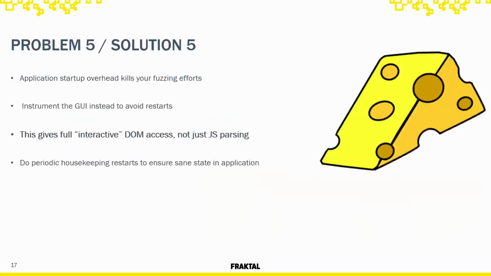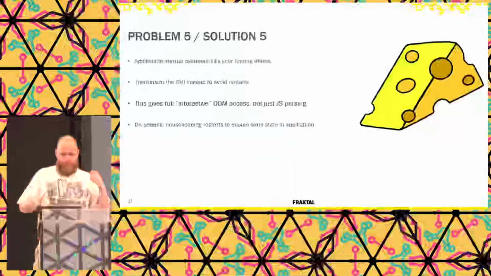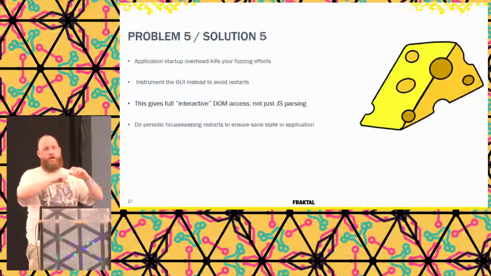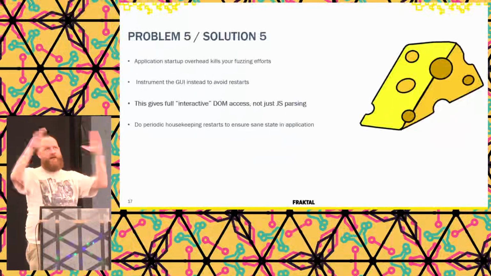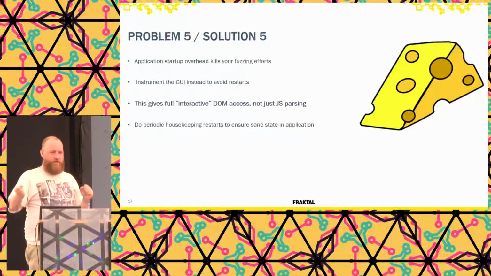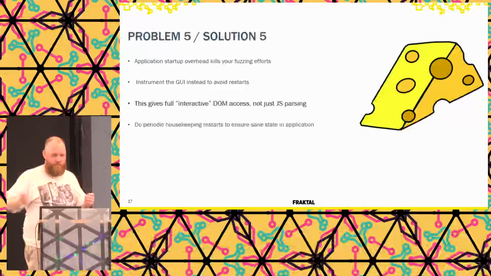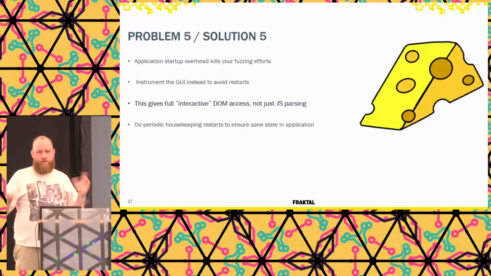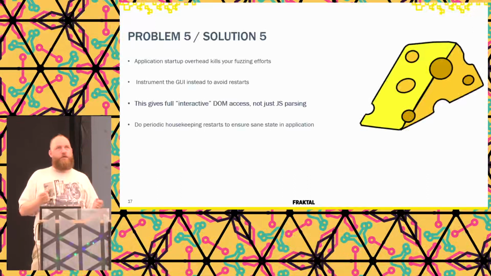So what I ended up with is starting the application only once and then instrumenting the GUI to avoid restarting the application. The good part about that is that you have a live PDF document with a DOM that you can interact with. It dawned on me that with this you're not fuzzing the JavaScript parsing.